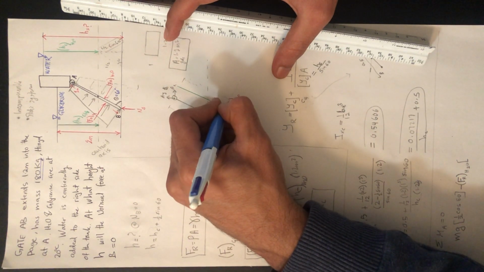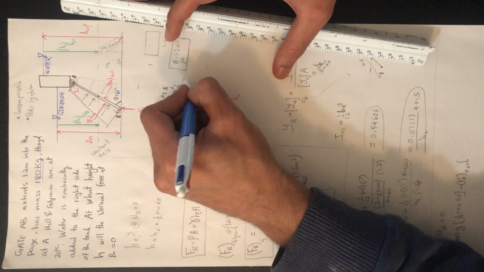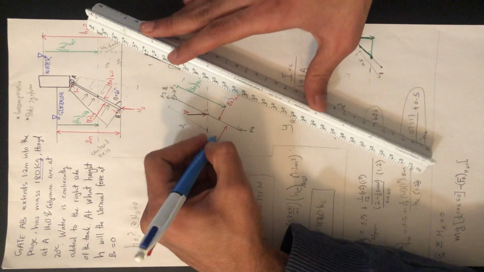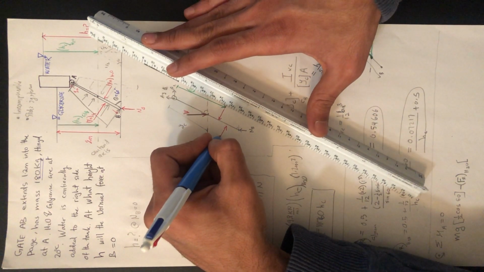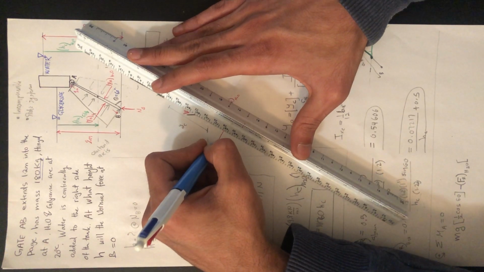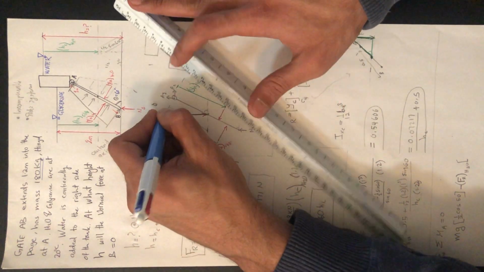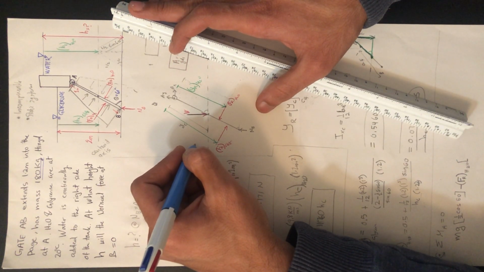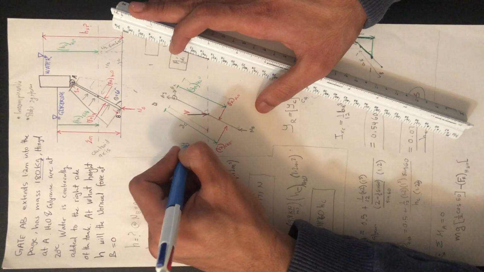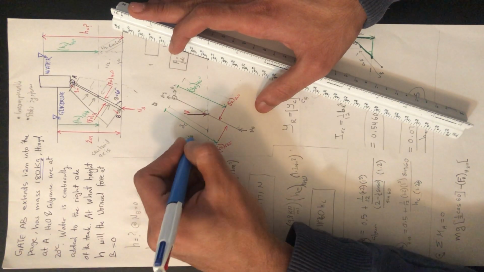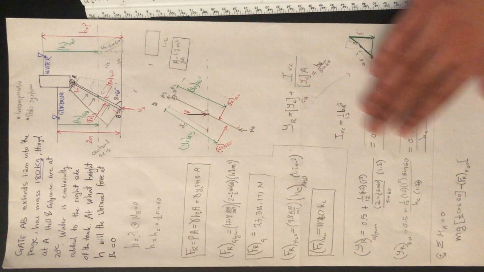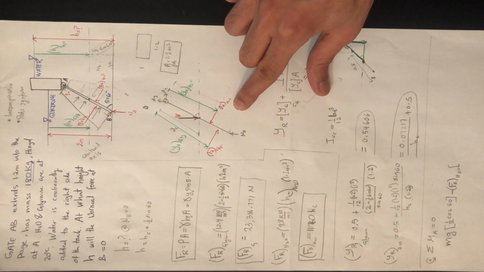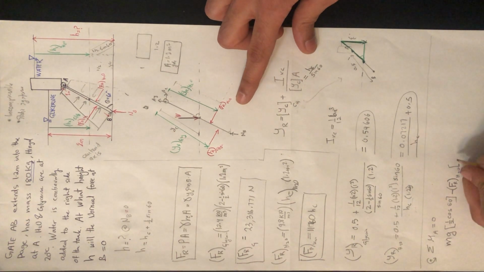We found this distance, YR, the location of the resultant force, and we found this distance, the location of the resultant force formed by the glycerin. So our perpendicular distance for the water, calculated as 0.